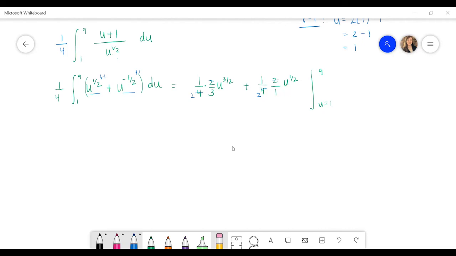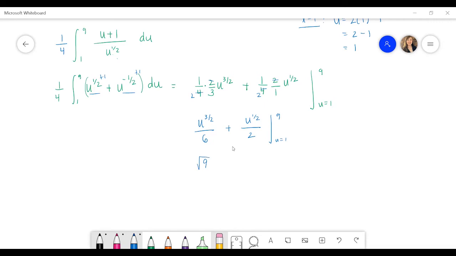We have u to the 3/2 over 3 plus, over 6. See, be careful, jinx myself. u to the 1/2 over 2. u is 1 to 9. So I'm going to plug in my 9 first. So this is 9.